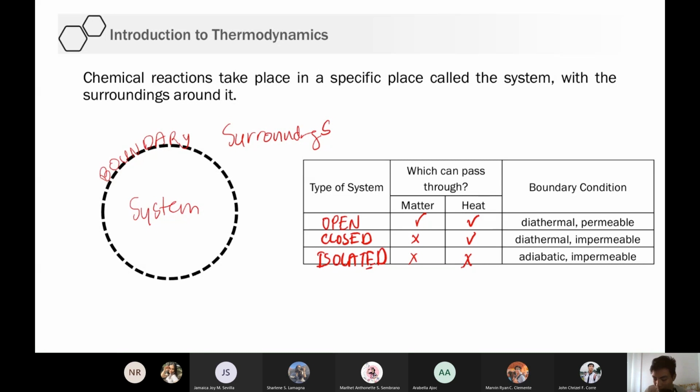Ibig sabihin, what happens inside stays inside. No? Ibig sabihin nun, kung mainit yung tubig sa loob, wala siyang pake sa labas. Okay? Kasi isolated nga siya. Okay? Parang North Korea na ganun. Isolated sila from the world. No? What happens inside them, hindi natin malalaman.